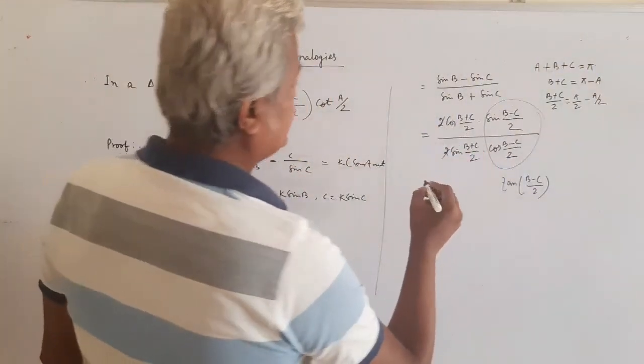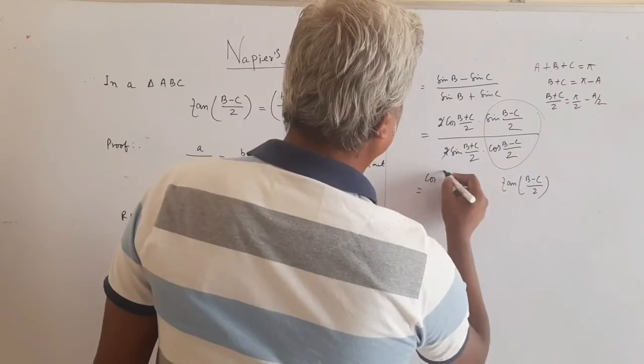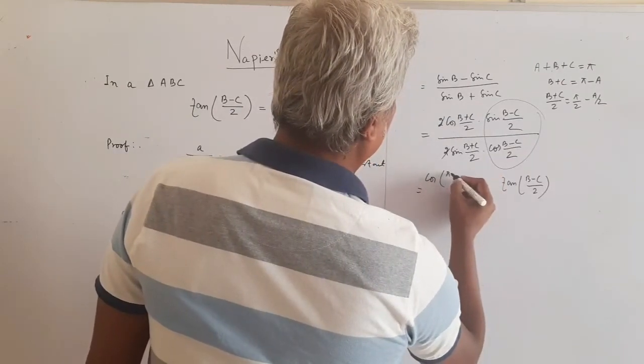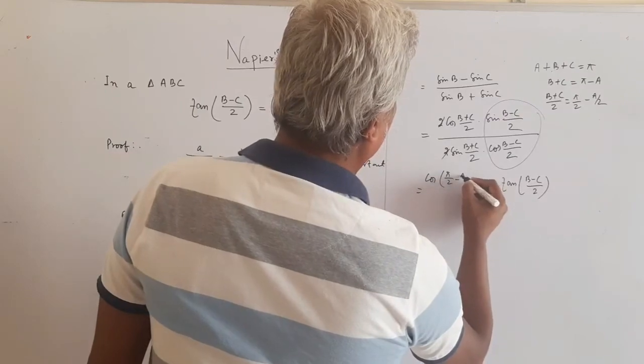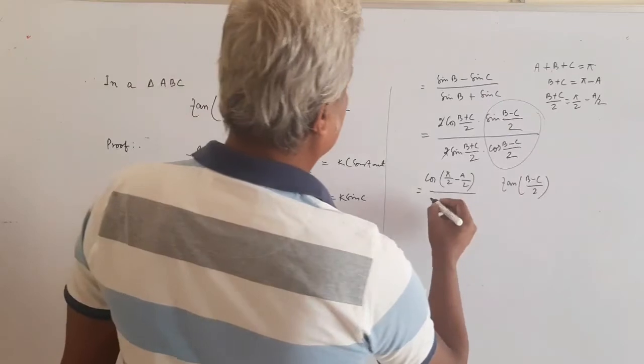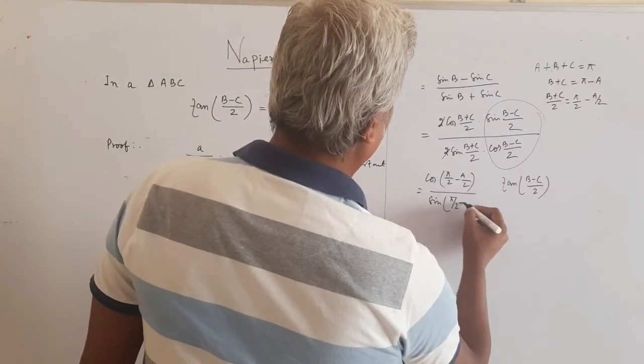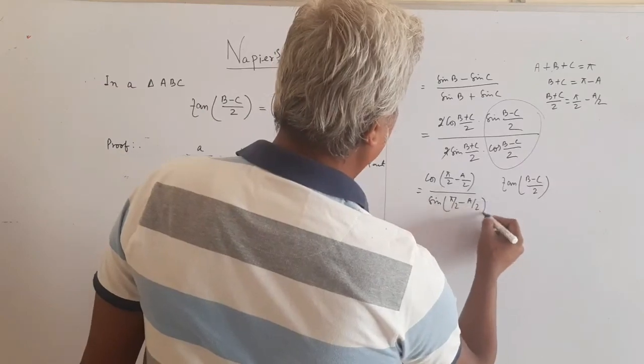So cos of (B plus C) by 2 becomes cos of (pi by 2 minus A by 2), upon sine of (pi by 2 minus A by 2).